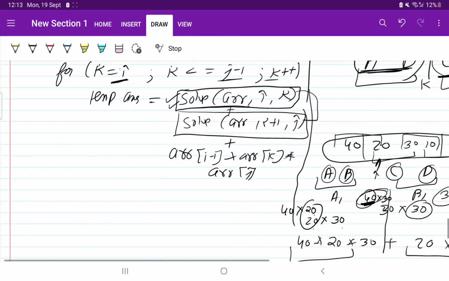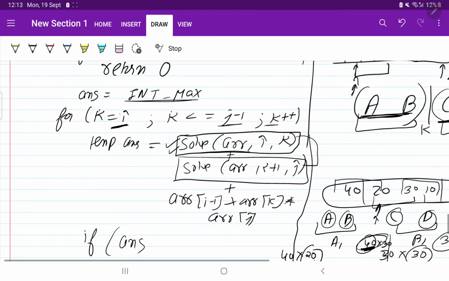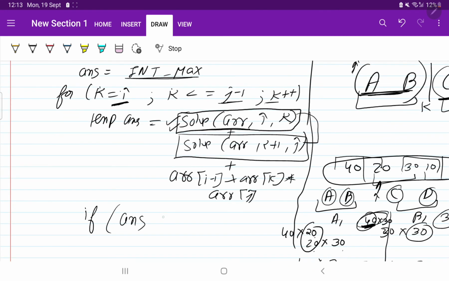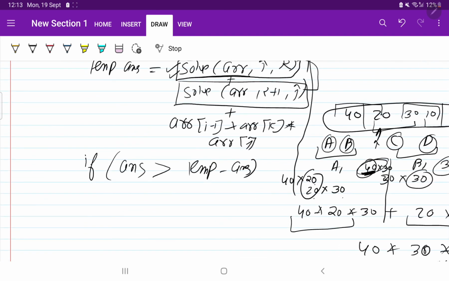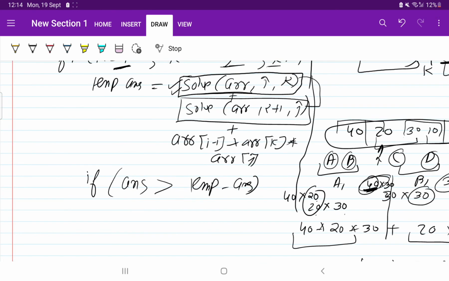We are going to do this that if our answer, that the variable we have assumed, is greater than the temporary answer, then what we are going to do, we are going to update the answer by temporary answer.